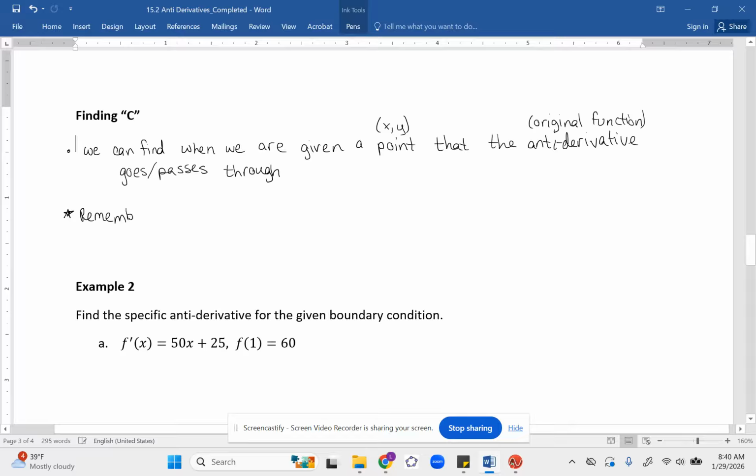Remember: rewrite the entire function with c as your final step. You'll see what I'm talking about in the first example below.